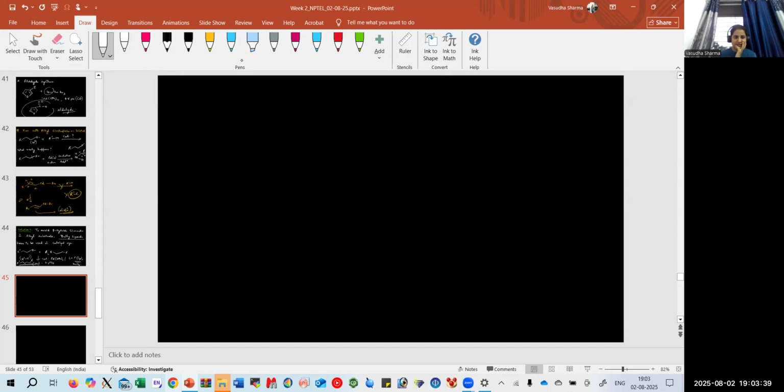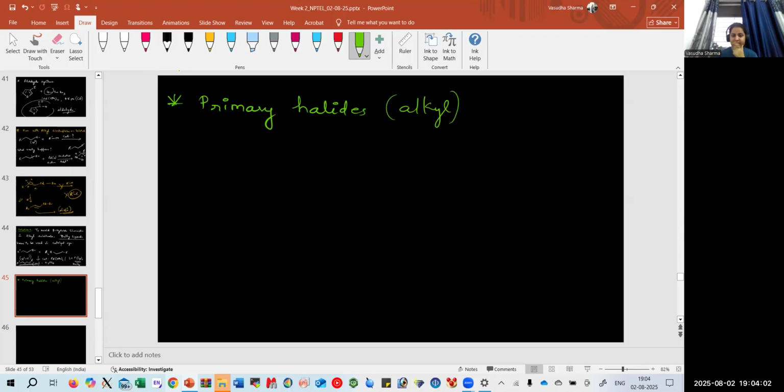So now we have seen that, okay, we got the solution that alkyl halides can work, or the primary halides can work in this case. So primary halides, the alkyl partners, they can work. But what about secondary and tertiary? So they can't do any reaction.